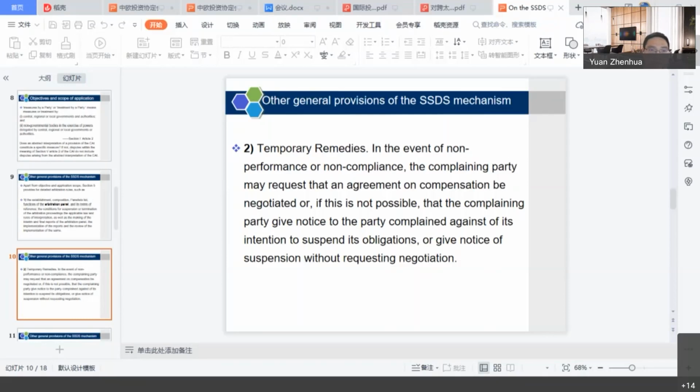Not only are there disputes arising from both interpretation and application of the covered provisions, but the subsidy transparency clauses and the subsidy and sustainable development clauses are also excluded from the covered provisions. So I think the application scope of the state-state mechanism has been sharply restricted. Okay, and the second feature.